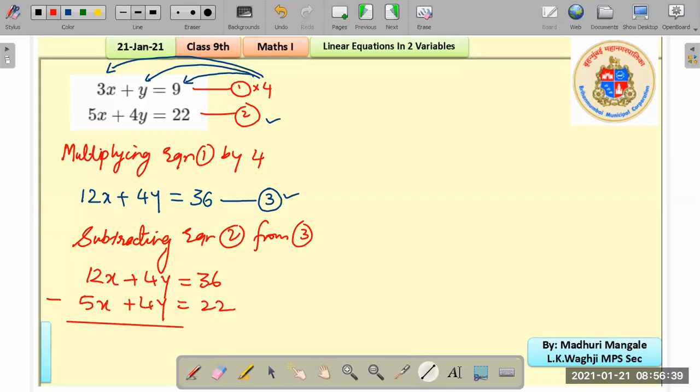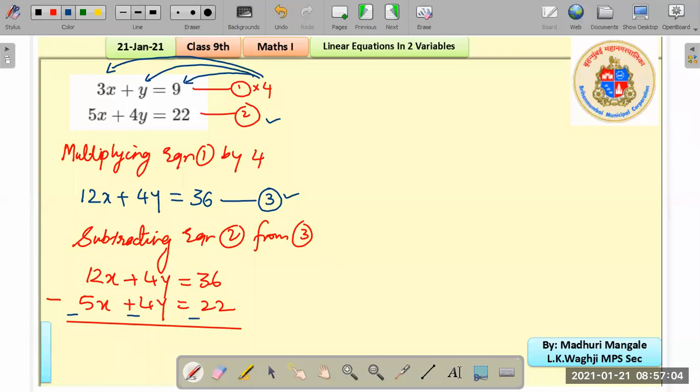And now when we are subtracting, remember a very, very important step. When we are subtracting, we have to change the signs of the bottom row. The bottom row is this one, 5x plus 4y equals 22. We change the signs, minus, minus, minus. Correct? All the signs change. And what do we get?